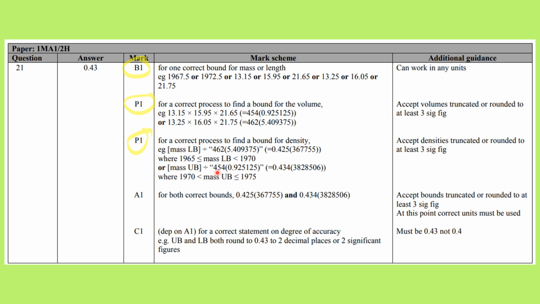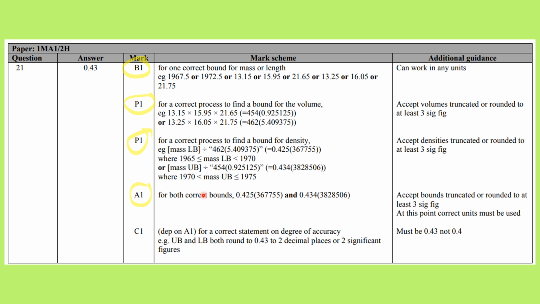So either one of those is okay, and again we accept densities truncated or rounded to at least 3 significant figures. So there's your next one: the answer for both correct bounds. So at this point, this is where we have found 0.425 carrying on and 0.434 carrying on. And again, those must be at least 3 significant figures.